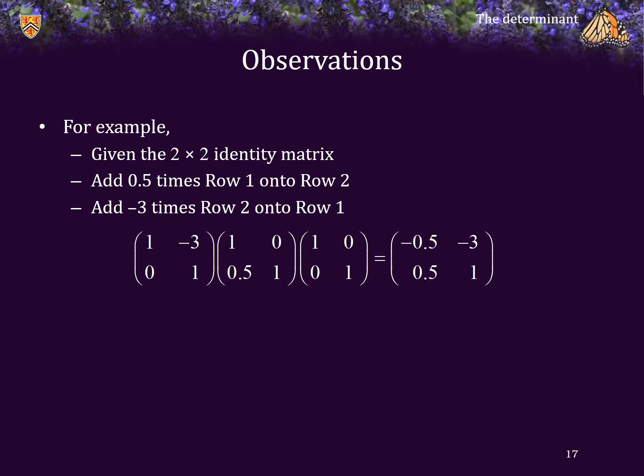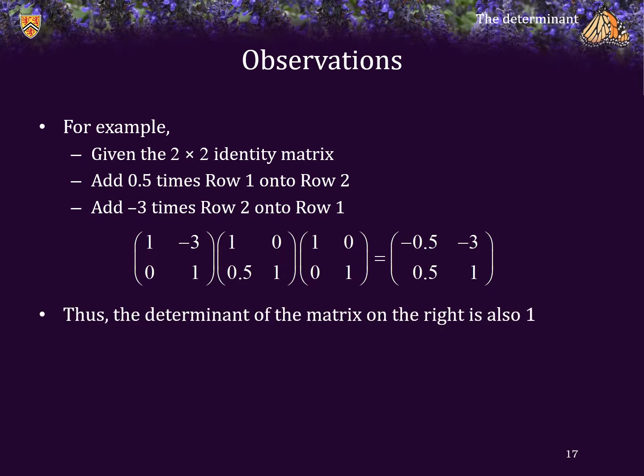If we calculate the product of those three matrices, we get the matrix on the right. Consequently, the determinant of the matrix on the right must also be equal to 1, because it is the product of three matrices, each of which has a determinant of 1.